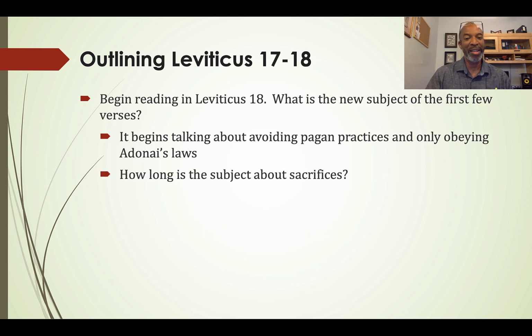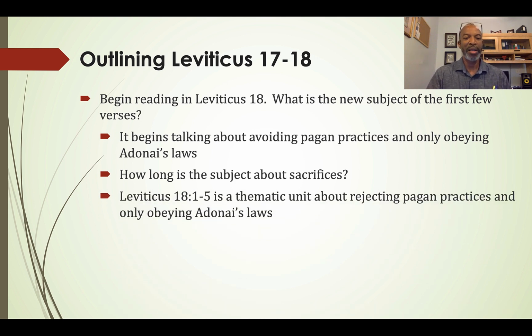Again, you want to find out how long he talks about these things. It looks like the first five verses are talking about this idea of not following pagan practices.